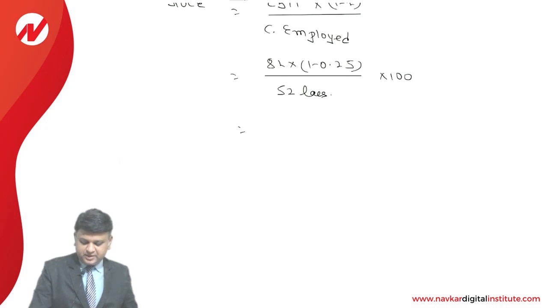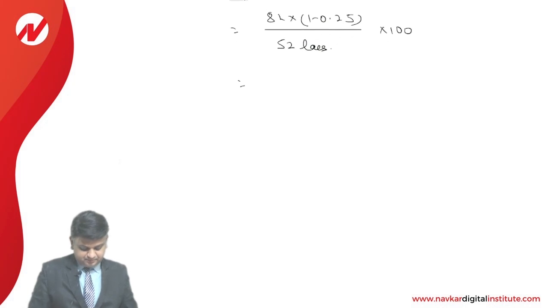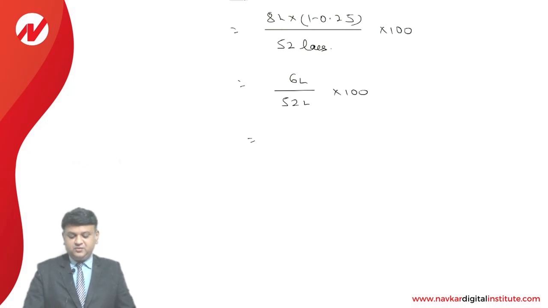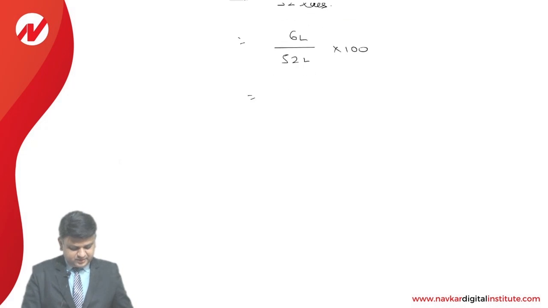This is the way we are required to make the computation. So 8 into 0.75, that comes to 6 lakhs, divided by 52 lakhs into 100. So 6 upon 52 into 100 is 11.5384. So it is 11.54%.